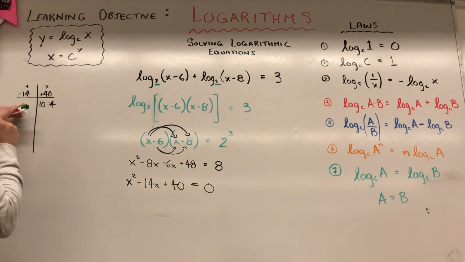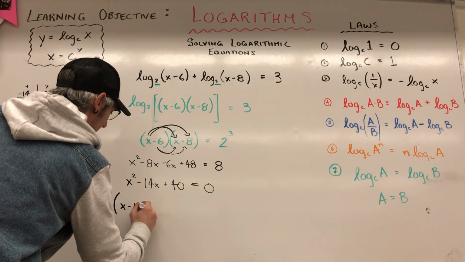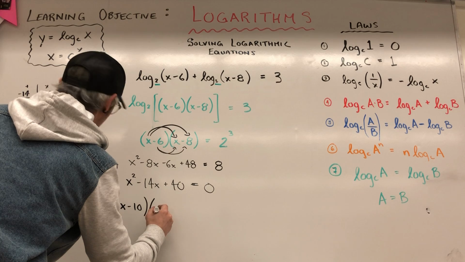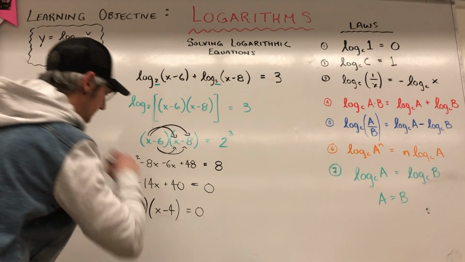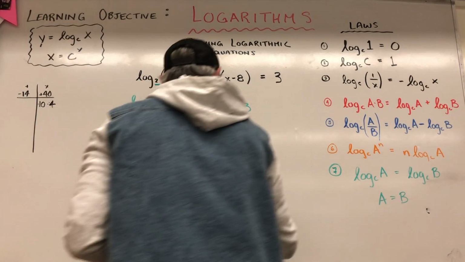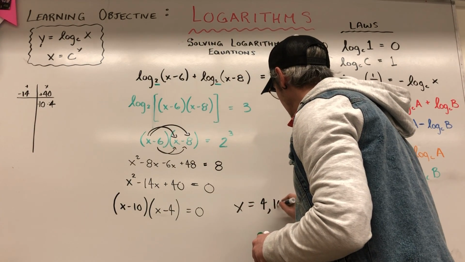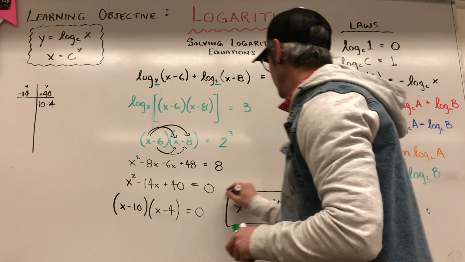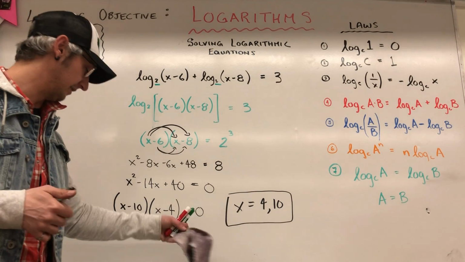When I add those up, I get negative 14. So here, my answer is x minus 10, x minus 4 is equal to 0. And therefore, x is equal to 4 and 10. Those are two options for x, okay? We did it. Excellent.